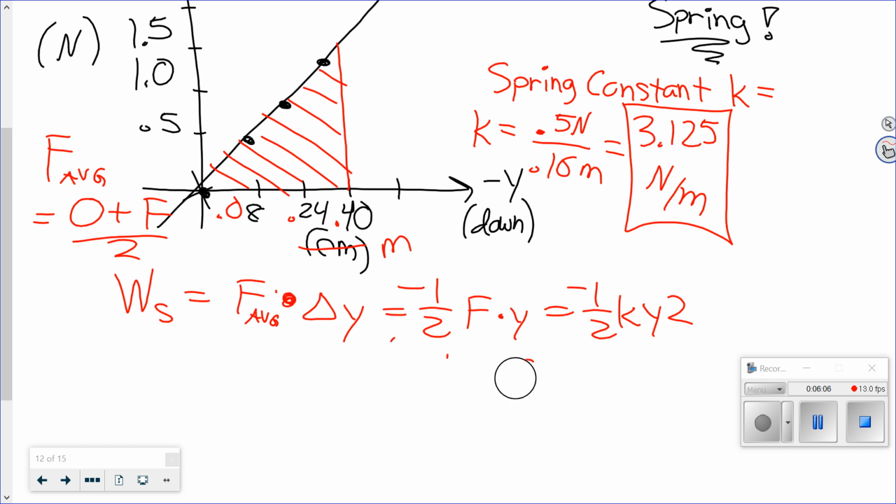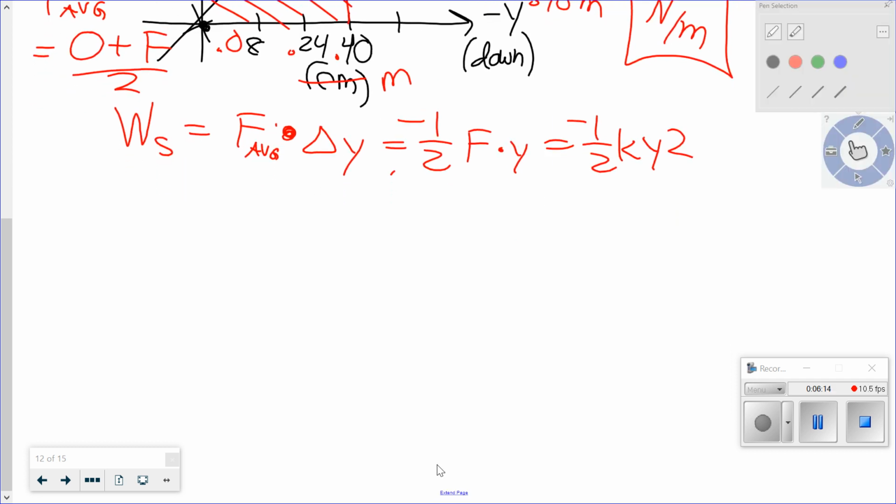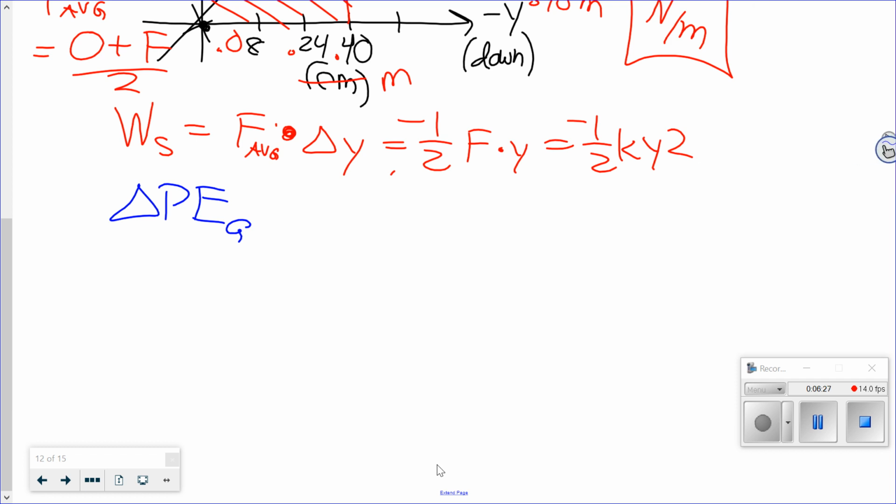Where did we get this energy? What's keeping the spring stretched? Gravity. Exactly. So the potential energy of gravity decreased as I moved.